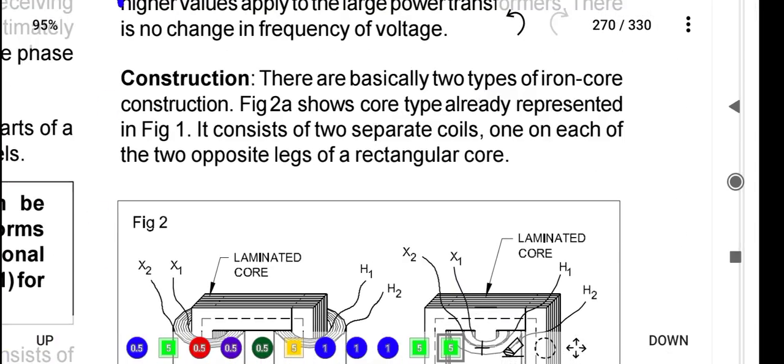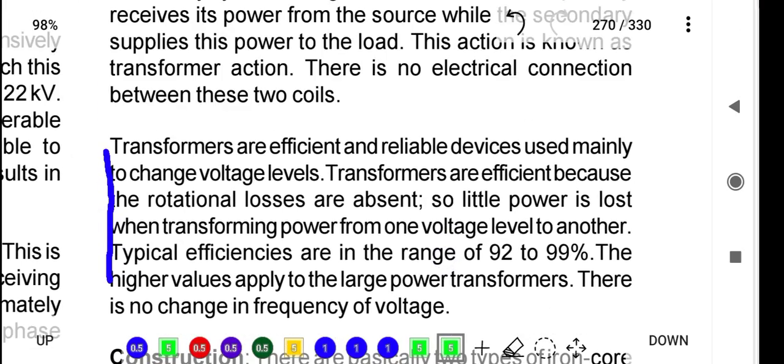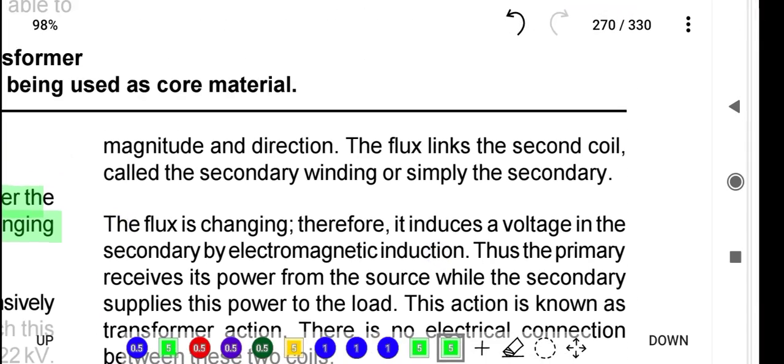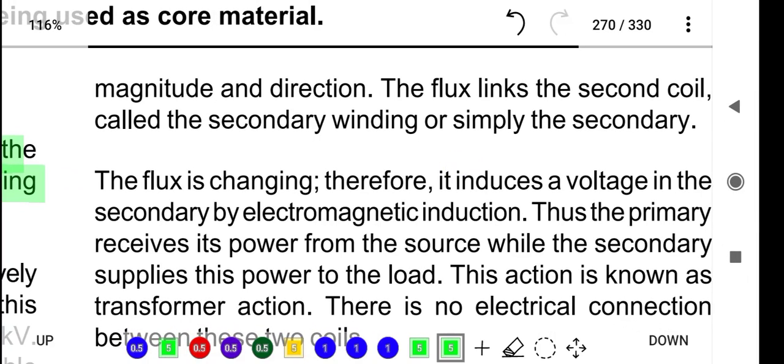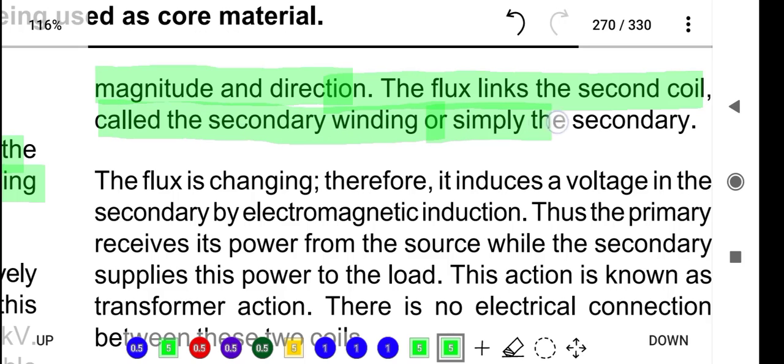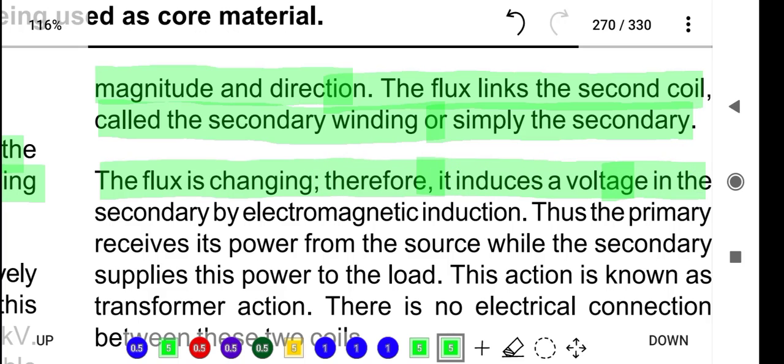Okay, if I clear this point, we can go to the next definition. The flux links the secondary coil, called the secondary winding or simply the secondary. The flux is changing, therefore it induces a voltage in the secondary by electromagnetic induction.